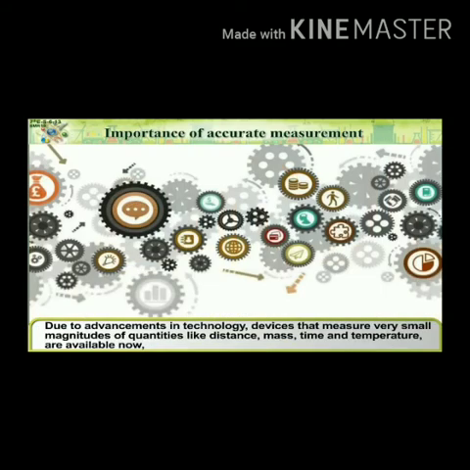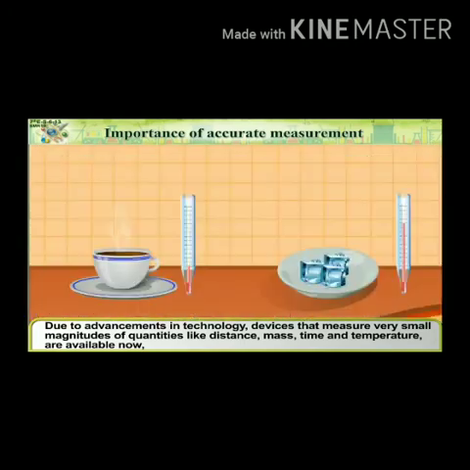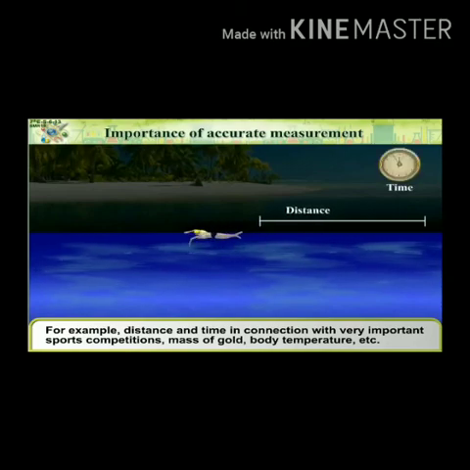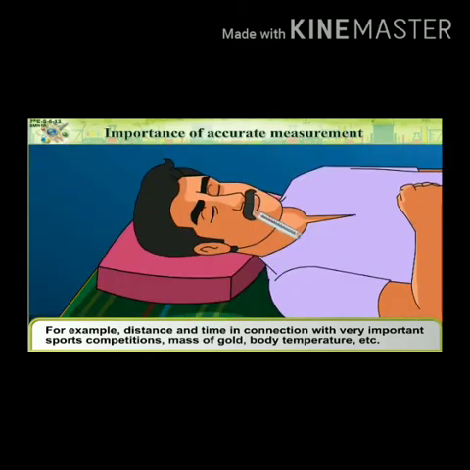Due to advancement in technology, devices that measure very small magnitudes of quantities like distance, mass, time and temperature are available now. For example, distance and time in connection with very important sports competitions, mass of gold, body temperature, etc. can be measured.